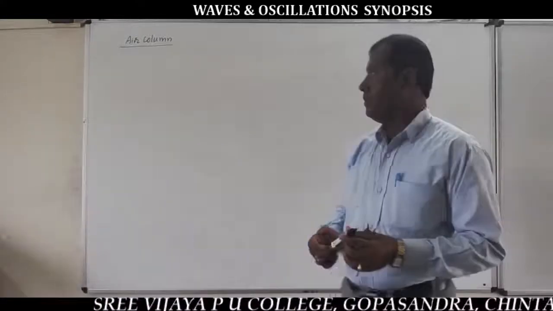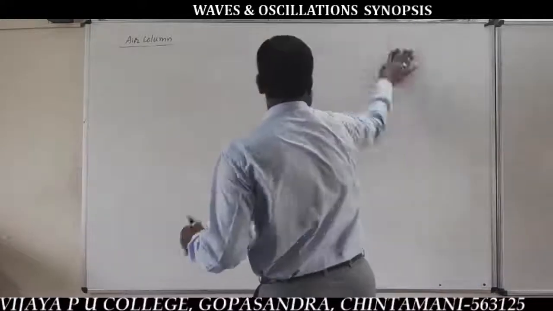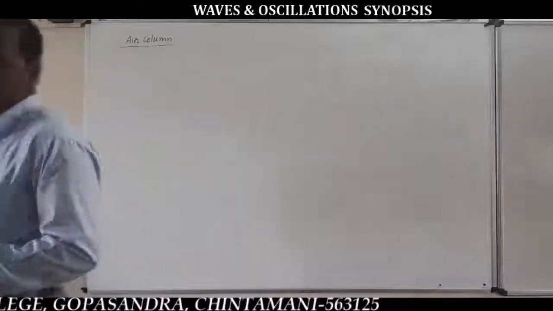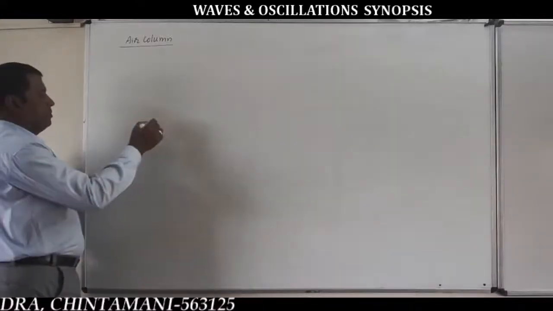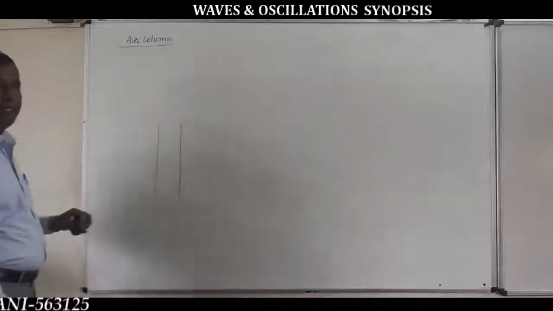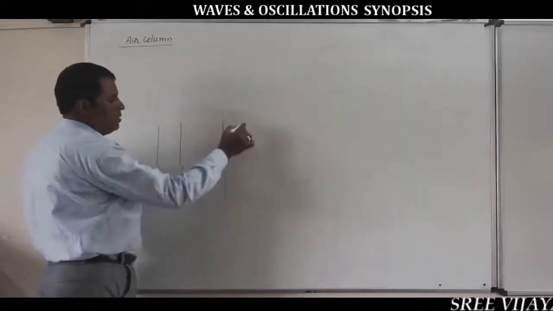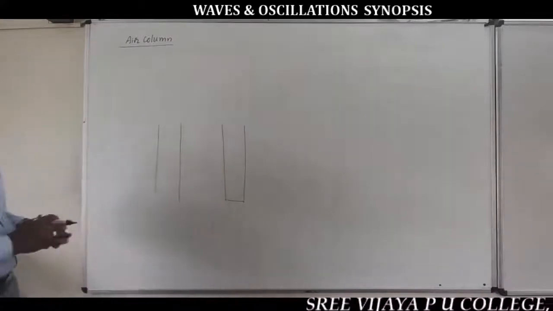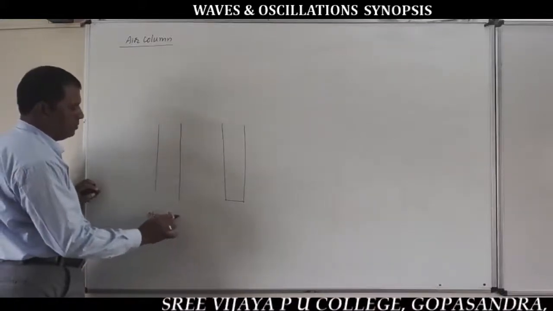So this is one of the important topics, air column. Now if you consider a pipe which is open at both the ends, or let us consider a pipe which is open at one end and closed at the other end. This is called open pipe.